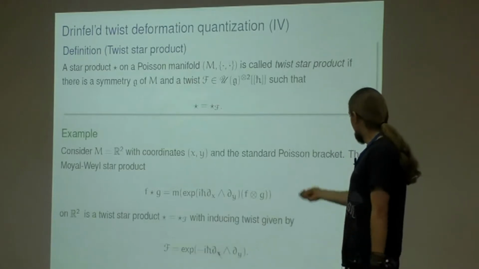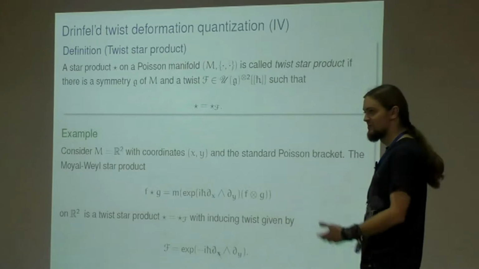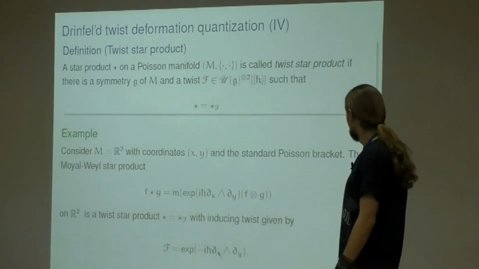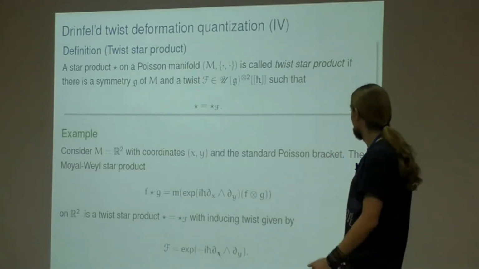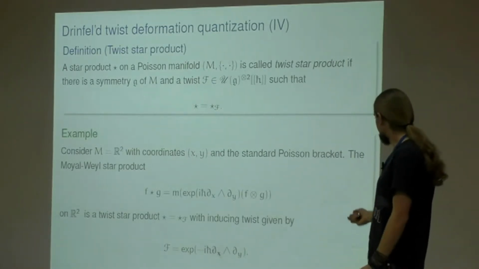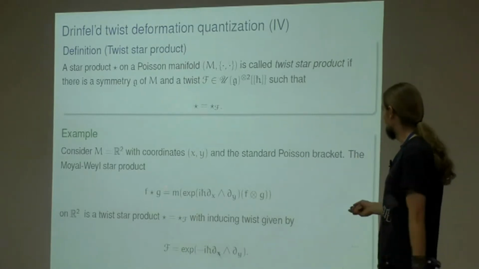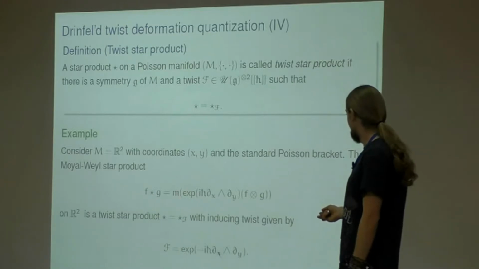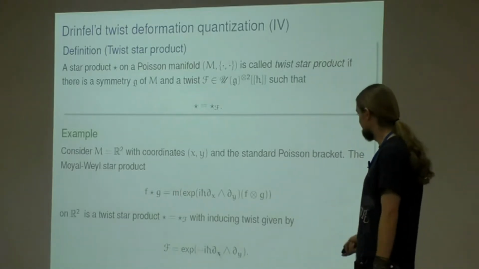Okay, and so here I state one case where this is happening, and this is like something we've seen now a lot of times during this conference, and this is the Moyal-Weyl product on let's say R2, and if I choose coordinates x and y and a standard Poisson bracket, then as we know, the Moyal-Weyl product looks like this here. So M just means multiply the first and second tensor component.